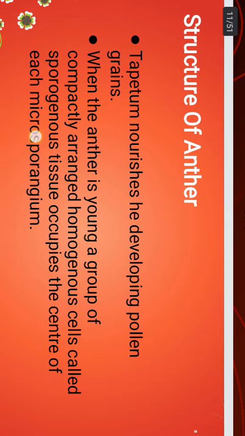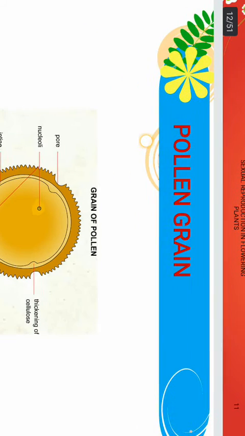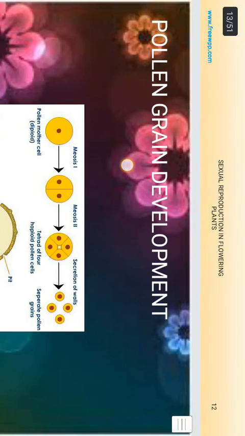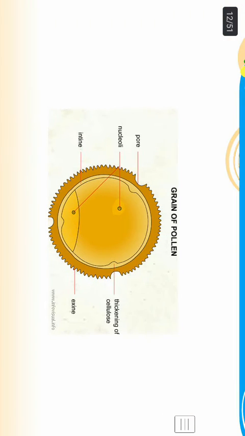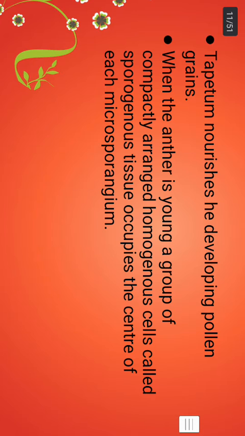Now this sporogenous tissue on differentiation will form the microspore mother cell. Now this microspore mother cell will undergo meiotic cell division, and then it will be forming 4 microspores.